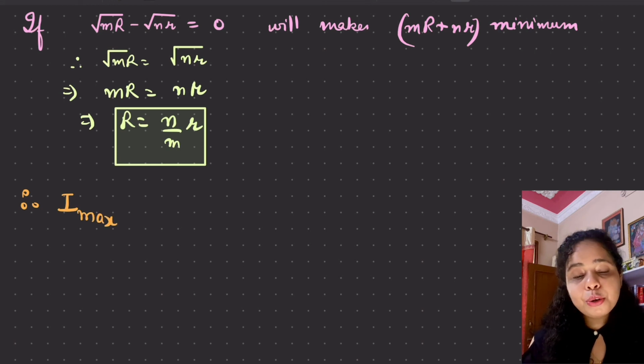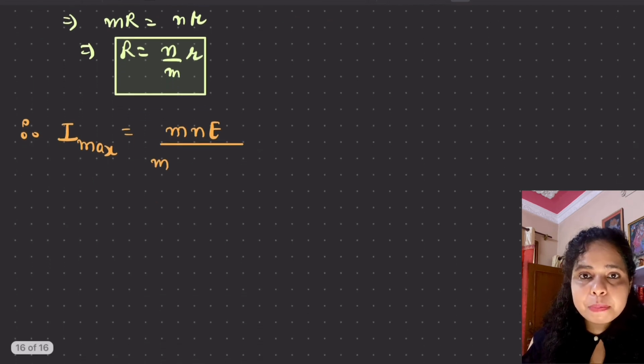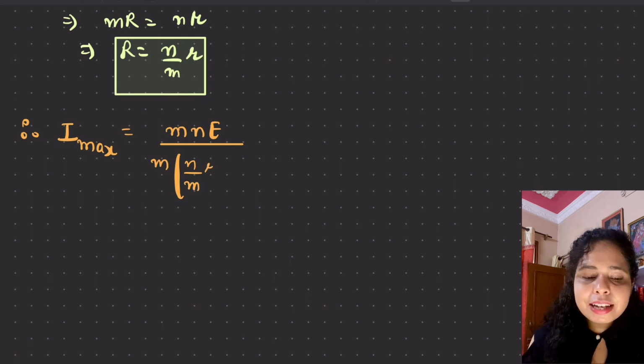That means if we want to find the value of maximum current, we can say I maximum is equal to mnE upon, instead of writing capital R in the denominator, I will say m multiplied by substituting the value of capital R, that is n into small r divided by m, where we can cancel m, and plus nr. We will add nr.